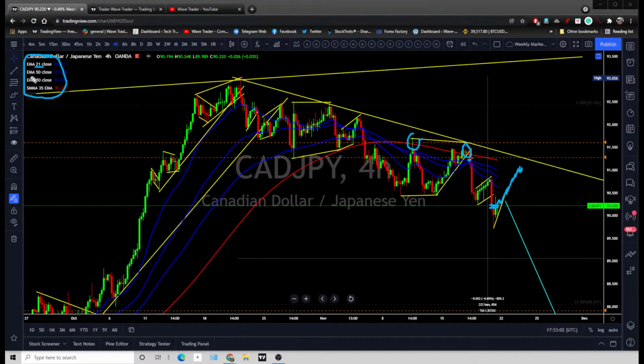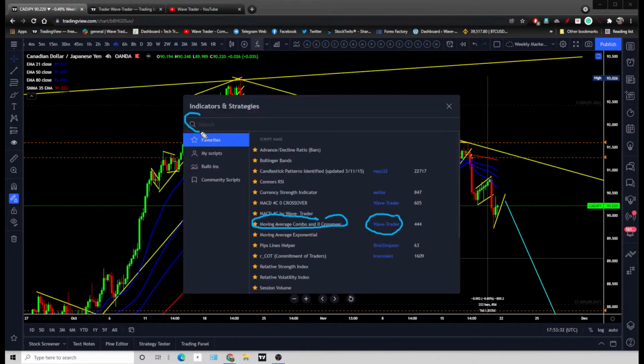If you don't know how to apply it, just simply go to the indicators, and you're going to see that indicator there, posted by me. Just type it in the search box and then you're going to get that indicator.